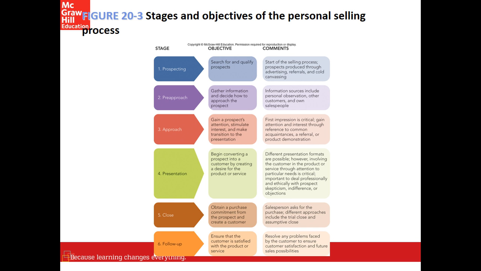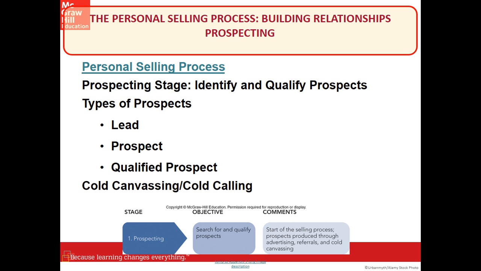Okay, this is a good example of the stages and objectives of personal selling. Make sure you understand the chart here, from prospecting, pre-approach, approach, presentation, close to follow-up. Okay, the objectives of each. Personal selling, the process. You start with prospecting.